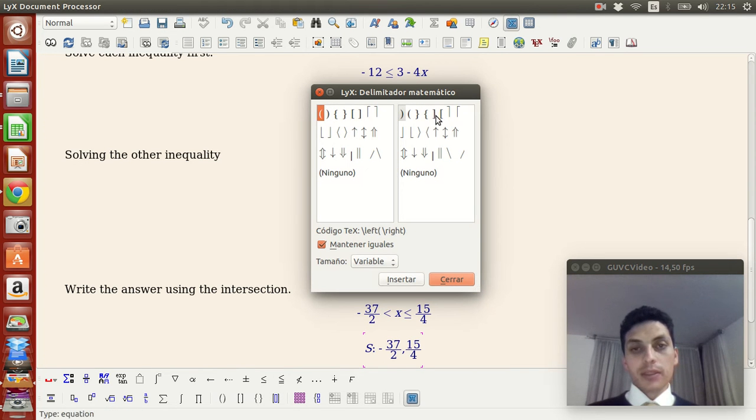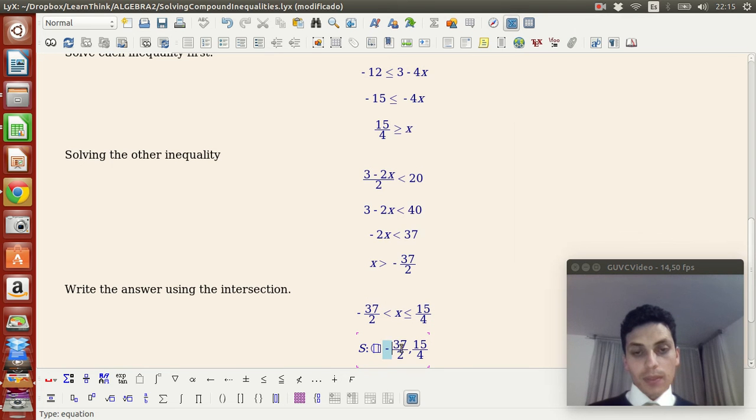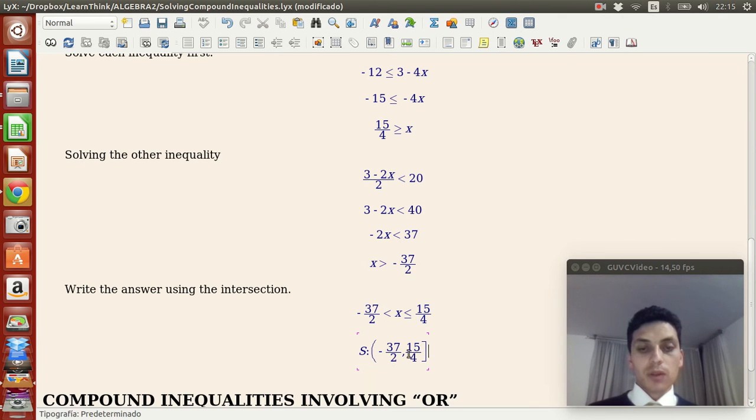Open here and close here. Okay, now it's correct. Open interval because it's less than, and closed because it's less than or equal to.